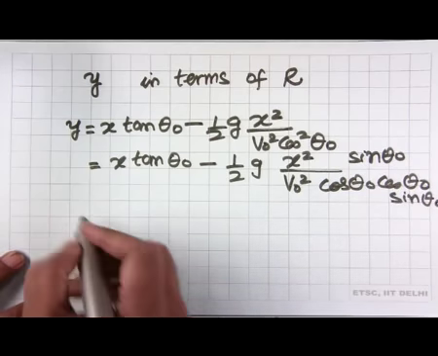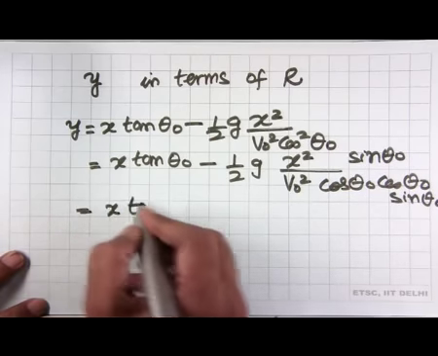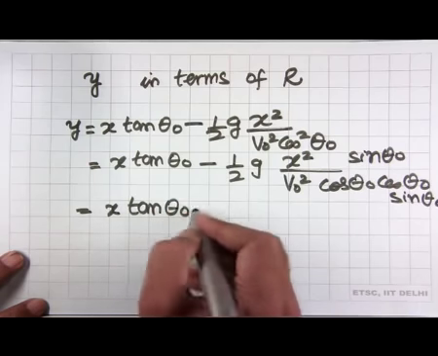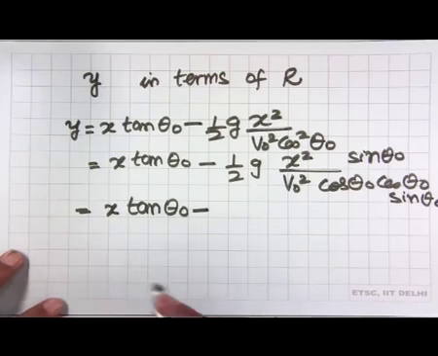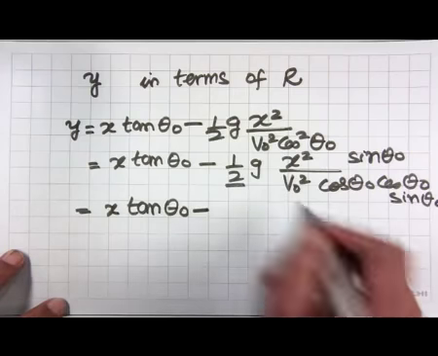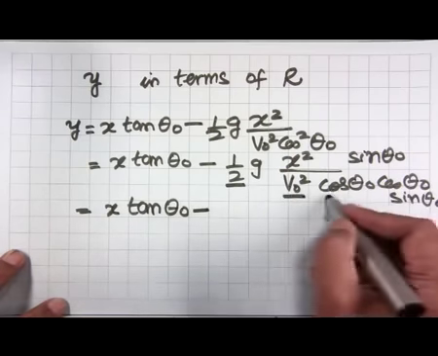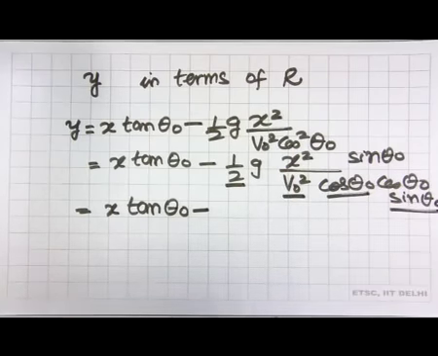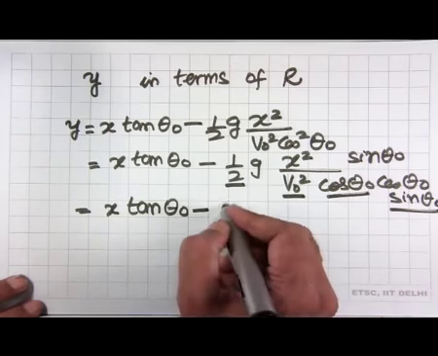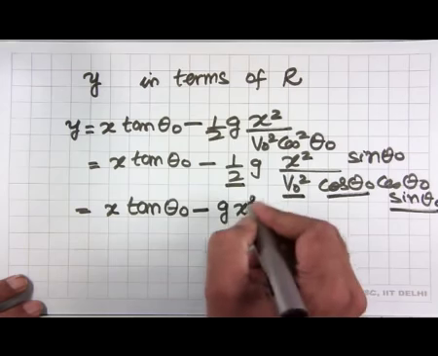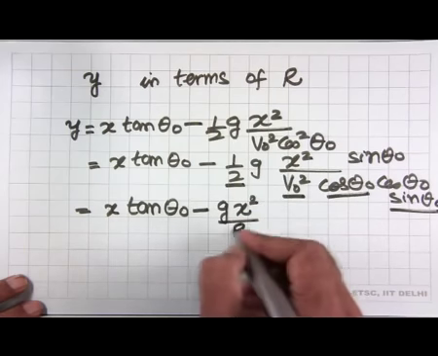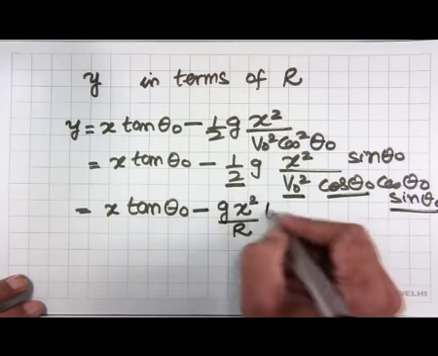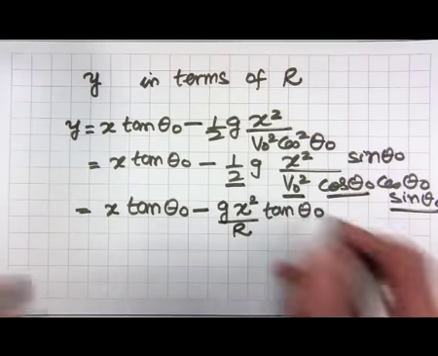sin theta 0. So this becomes equal to x times tangent theta 0, and then in the second term there is a 2, there is a v 0 square, there is a cos theta 0, there is a sin theta 0. This product becomes equal to range. So therefore we get minus g times x square upon r, and then we have tangent theta 0.